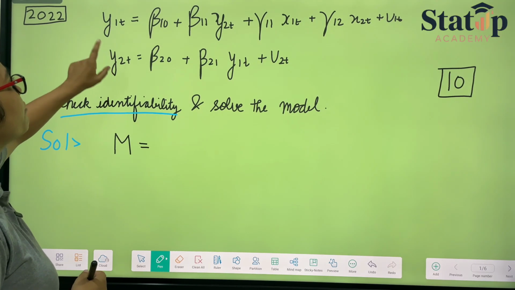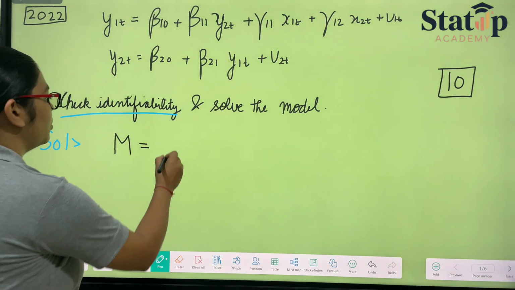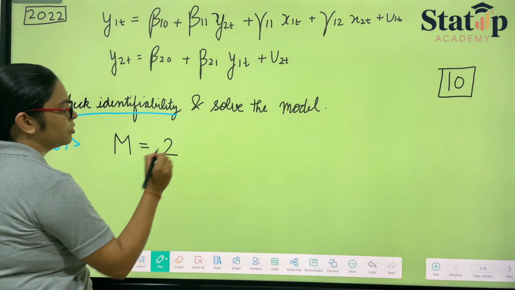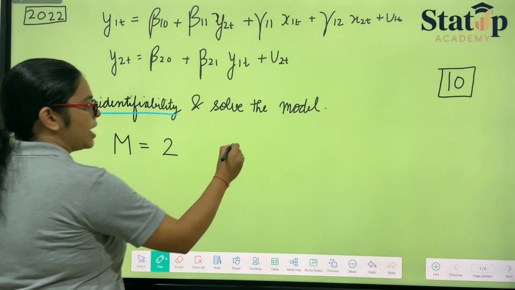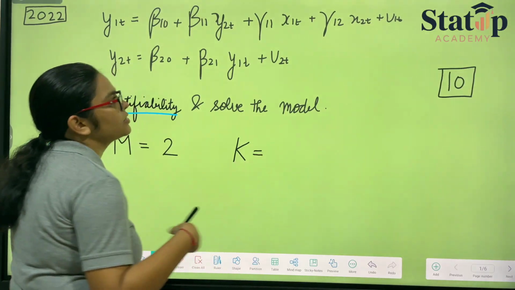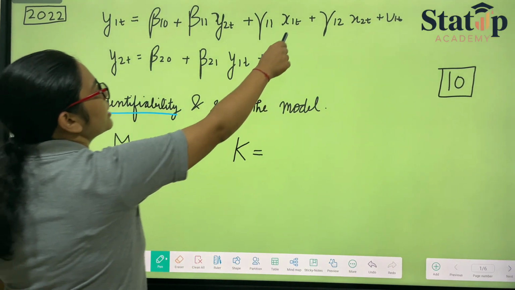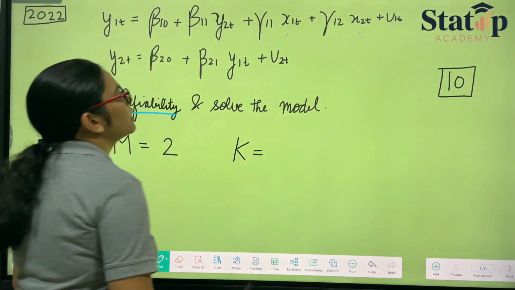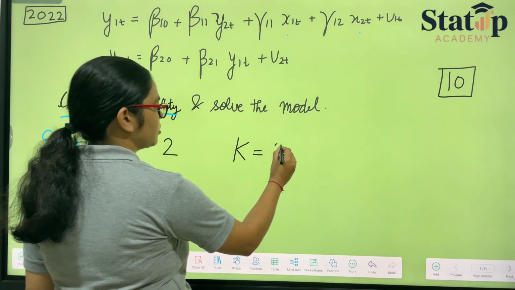Any y except for y1t and y2t is not present here, so there are only two endogenous variables. And capital K is the total number of exogenous variables in our model. The exogenous variables are x1t and x2t. There is no xt except for x1t and x2t, so capital K is also 2.